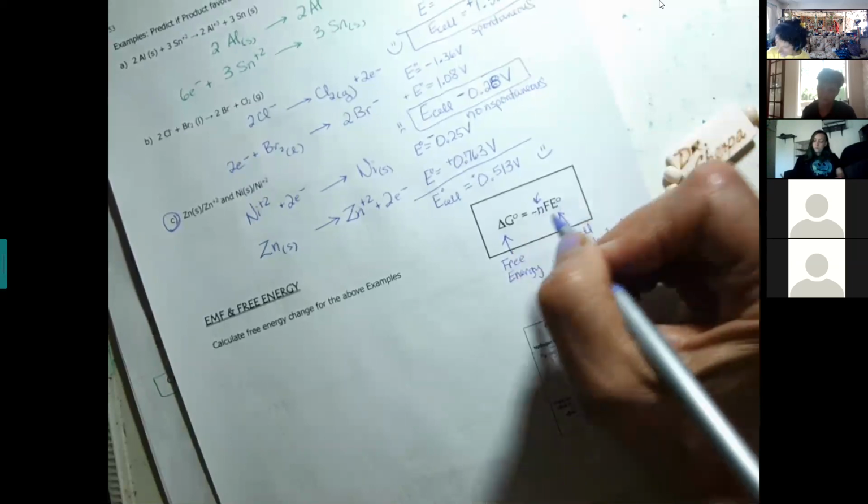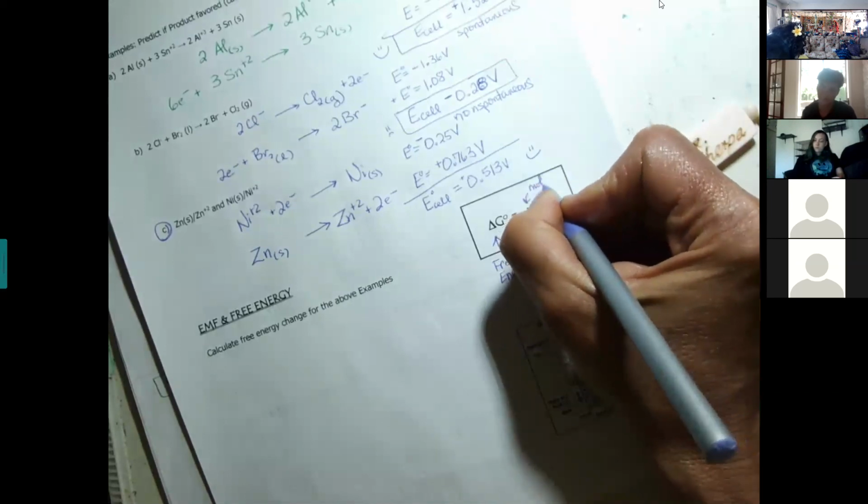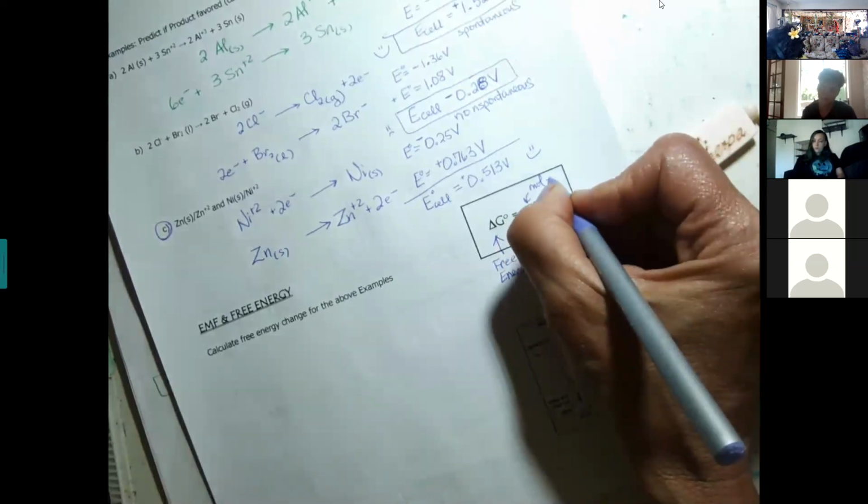That's what we're learning about. N, little n, is moles. Remember gas laws? However, this is all about electrons. It's oxidation and reduction. It is moles of electrons.